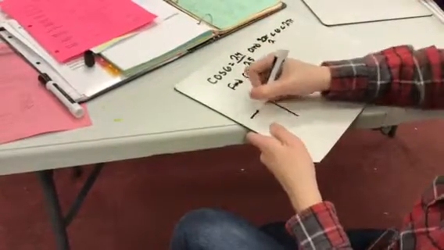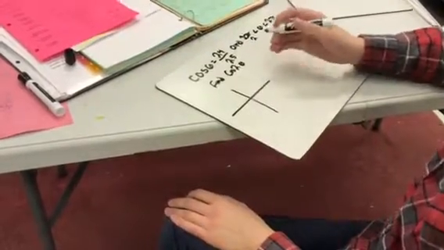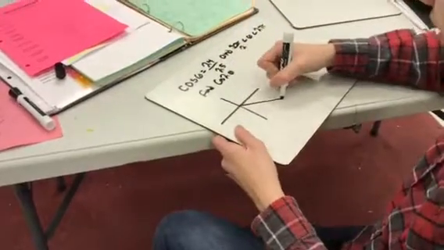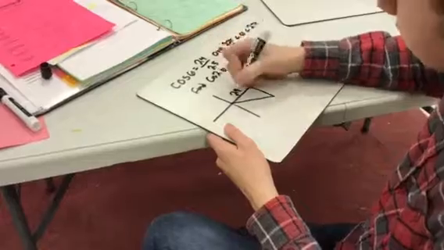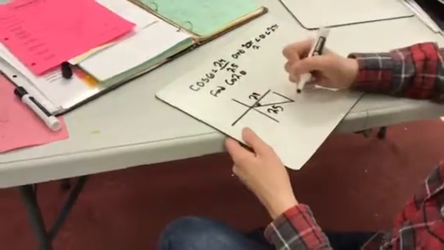When drawing this, you know that cosine is adjacent over hypotenuse, so you draw the triangle like this. The adjacent is 24, and your theta would be right there, so the hypotenuse would be 25.